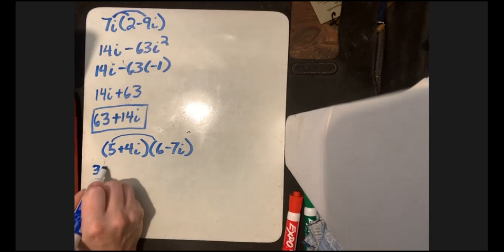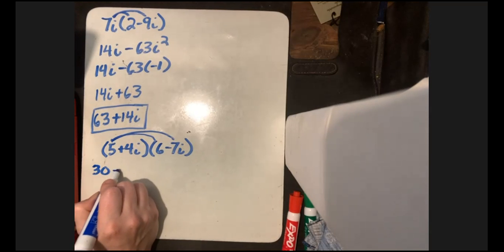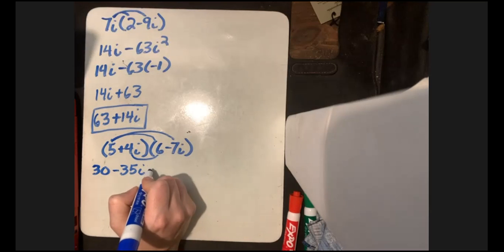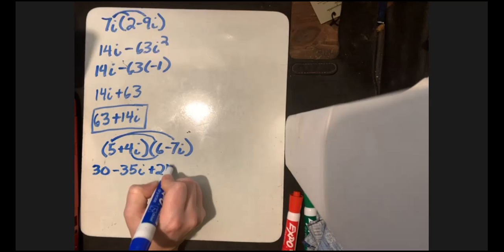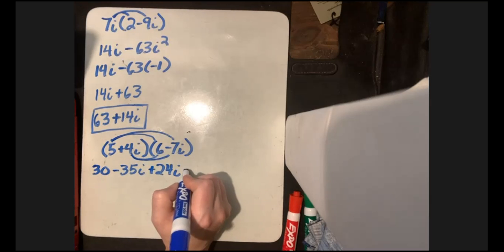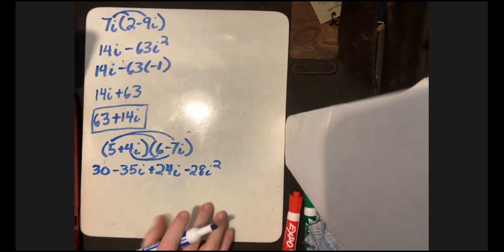So I've got 5 times 6 which is going to be 30. 5 times that negative 7i, so negative 35i. 4i times 6, so that's going to be plus 24i. And then 4i times the negative 7i, so that'll be negative 28i squared. Again, we'll be changing that out here in just a second.